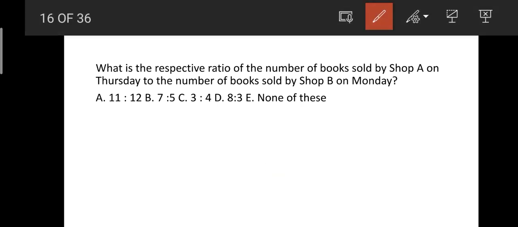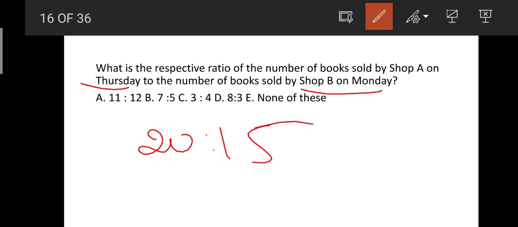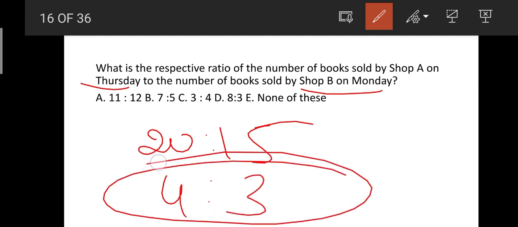What is the respective ratio of the number of books sold by shop A on Thursday to the number of books sold by shop B on Monday? The number of books sold by shop A on Thursday is nothing but 20, and the number of books sold by shop B on Monday is 15. It is nothing but 4:3. Observe here friends, many of the students will opt for option C, that is 3:4.